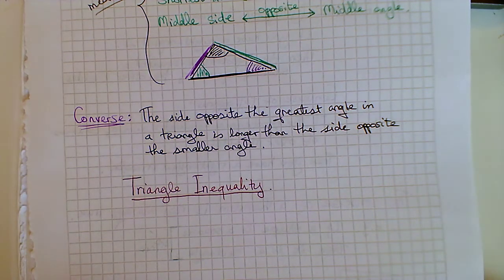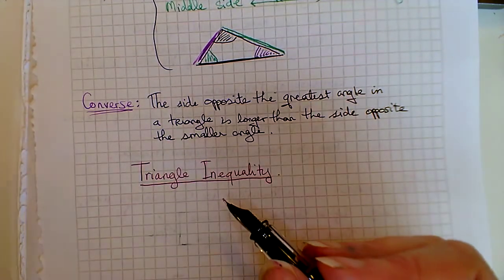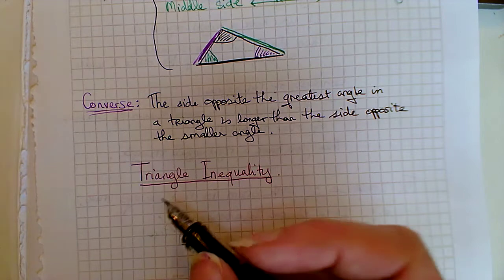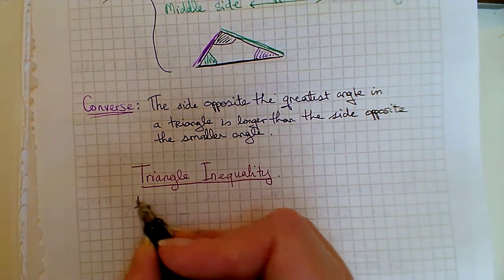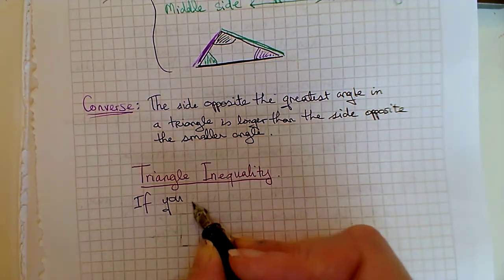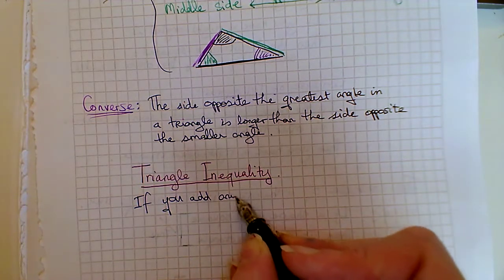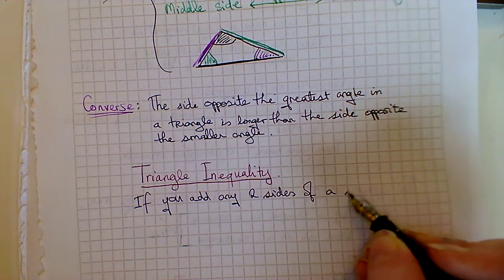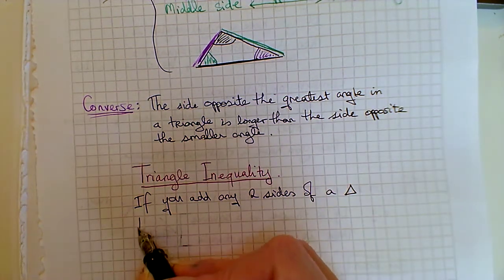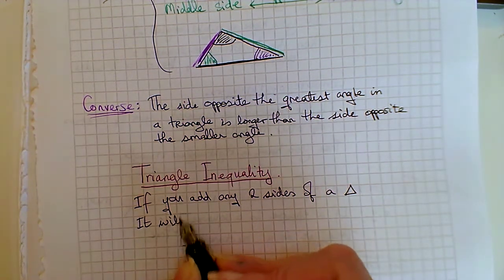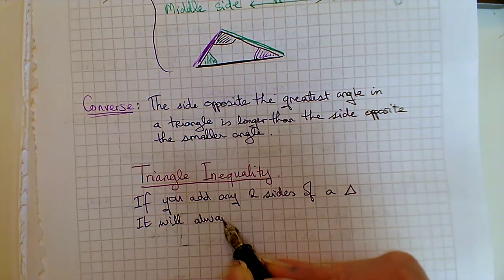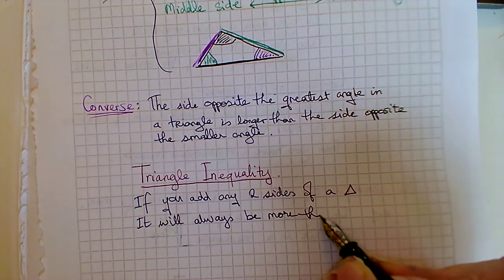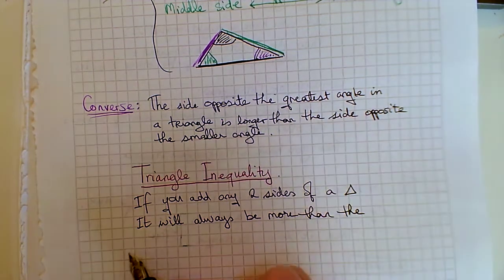I'll write that in English first. If you add any two sides of a triangle, it will always be more than the remaining side.